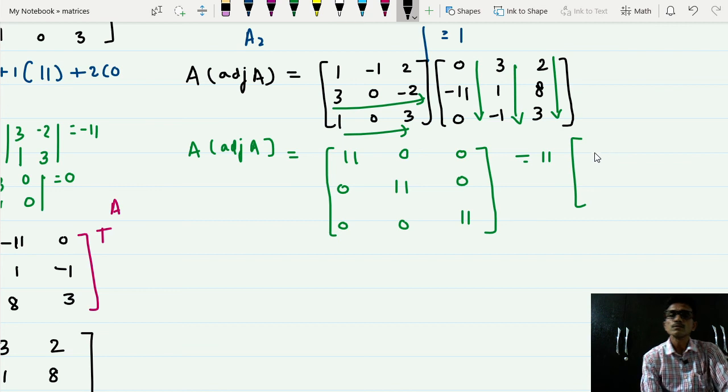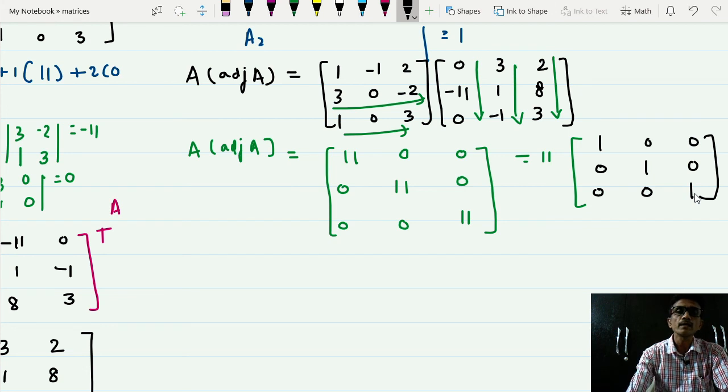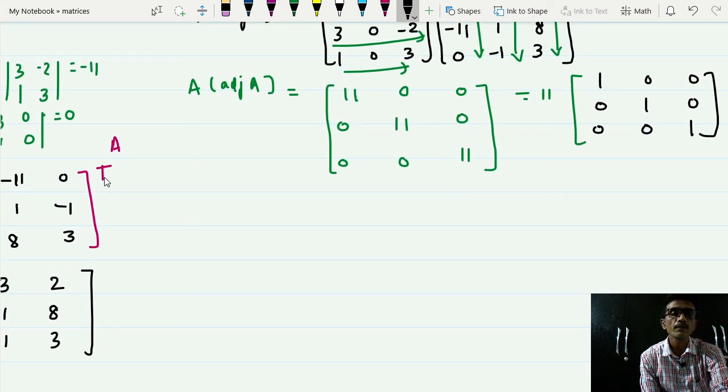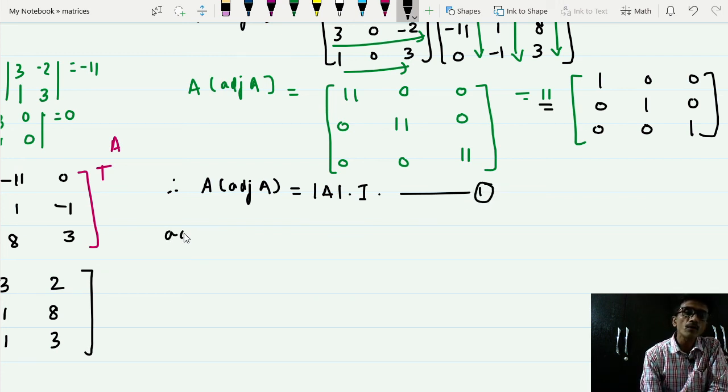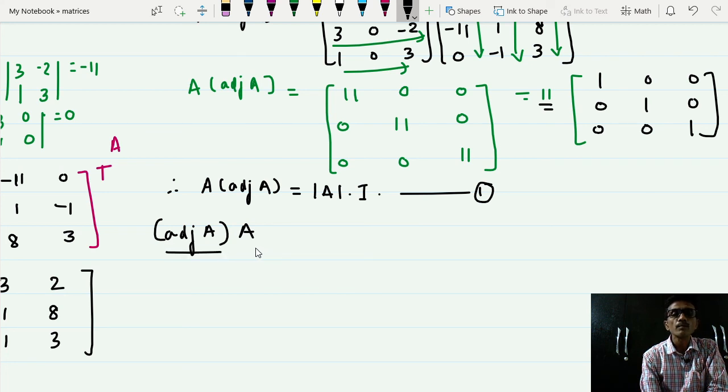Then it is 1 0 0, 0 1 0, 0 0 1, which is the identity matrix. Therefore we are getting here A into adjoint of A is equal to 11. 11 is what? It is the determinant of A, as we said earlier. And this is the identity matrix. This will be your first equation. Similarly we will take the product adjoint of A into A. That means first you write the adjoint, then the matrix A, and this multiplication will show that determinant of A into identity. That means the same matrix should come.